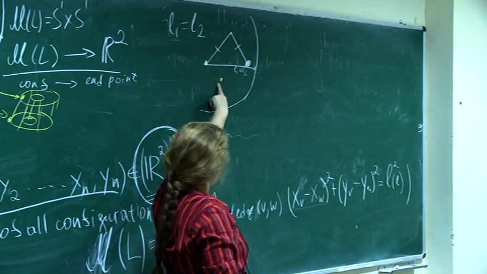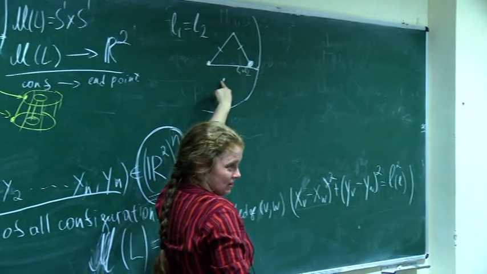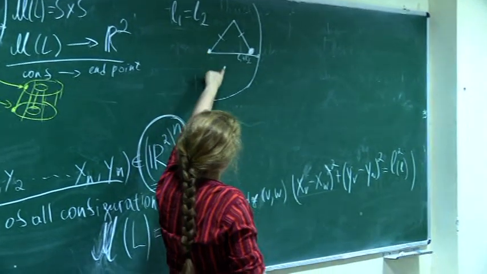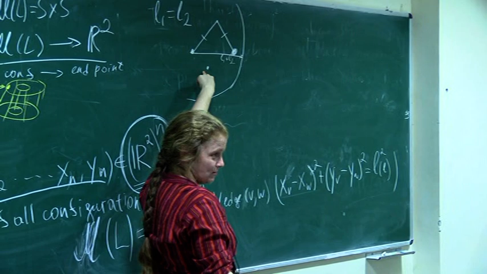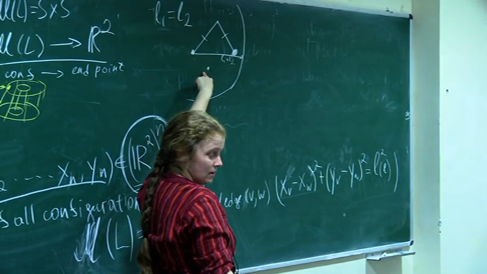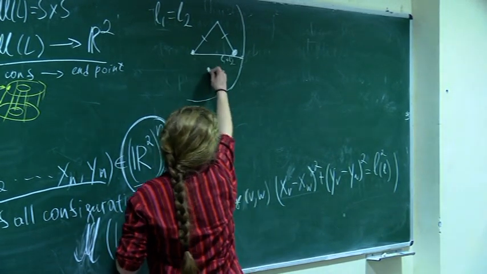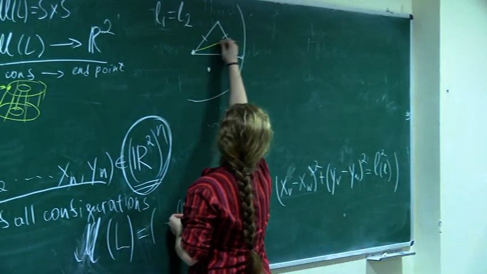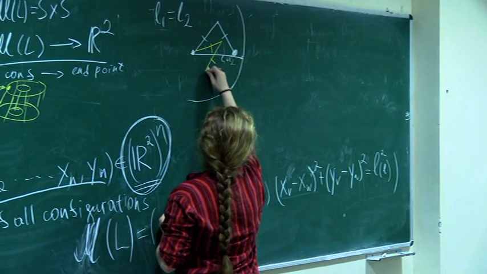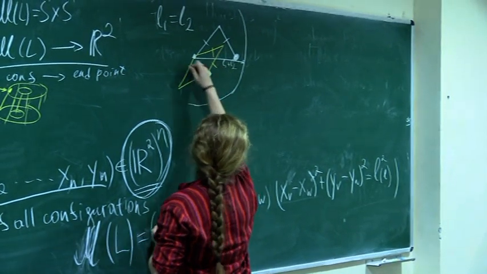If we take a point from the inside of the disk, except the center, then how many configurations correspond to this endpoint? Again, right. So if our endpoint is here, then we have 2 configurations like this and like this.